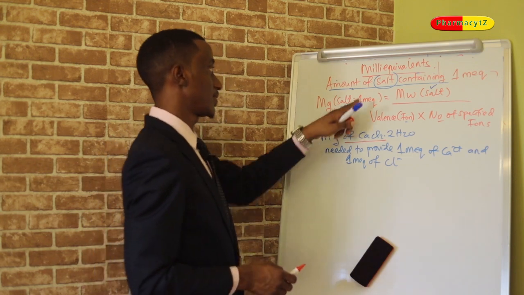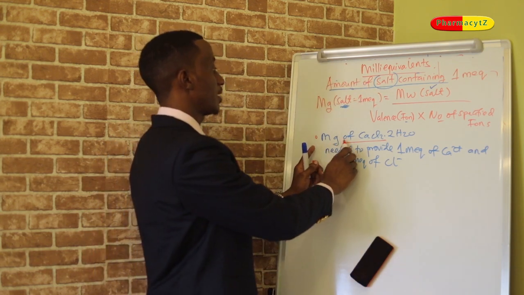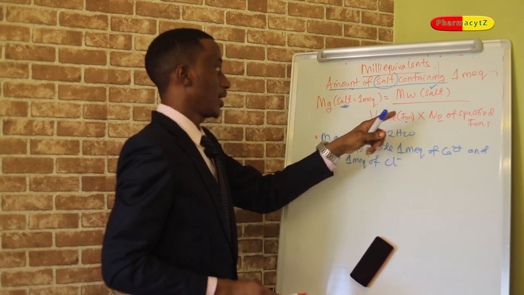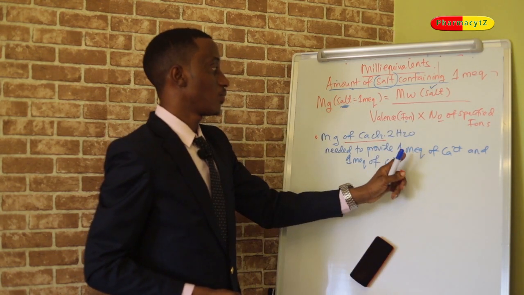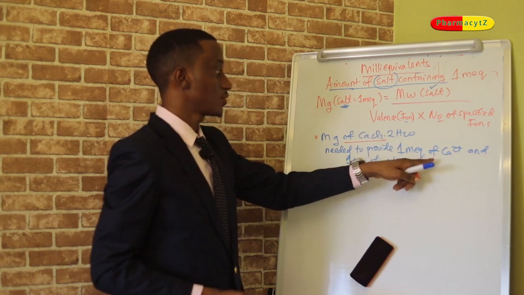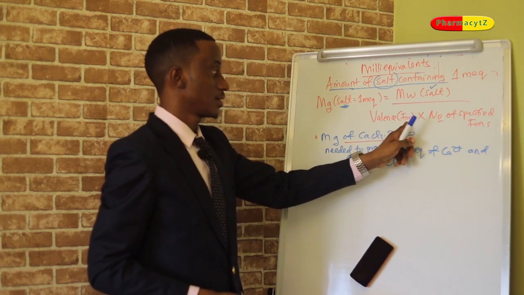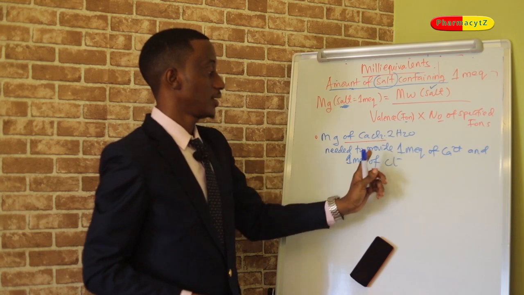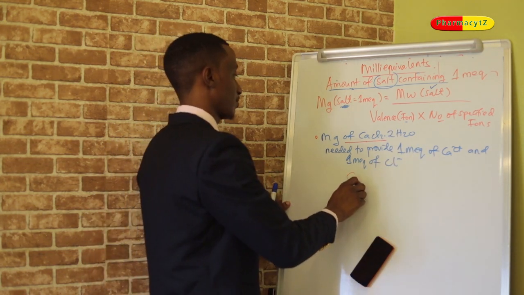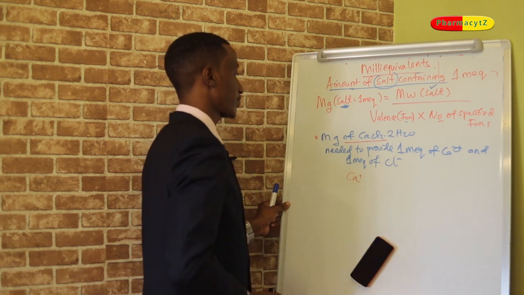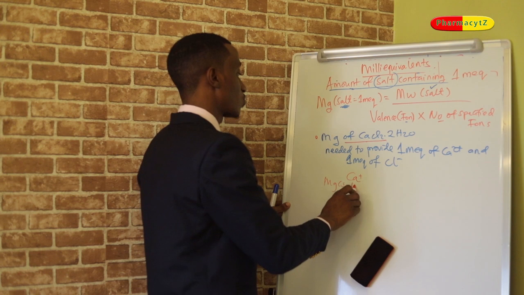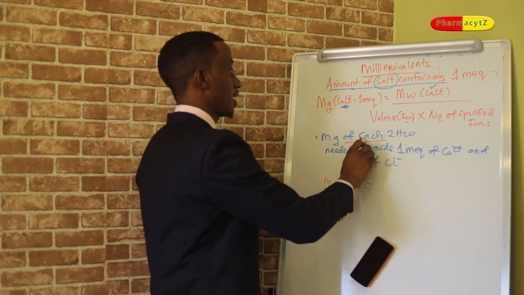So consider this. How many milligrams of calcium chloride means the amount of salt containing 1 MEQ of what? Of calcium and chlorine. So the ions spoken about here are calcium and chlorine. If we begin with calcium, milligrams of salt, consider it's the whole salt, calcium chloride.